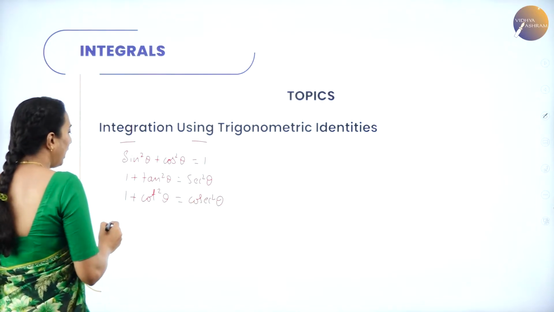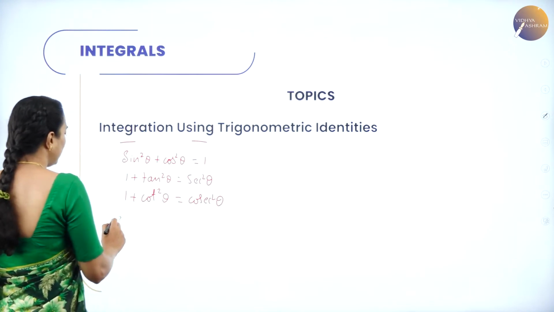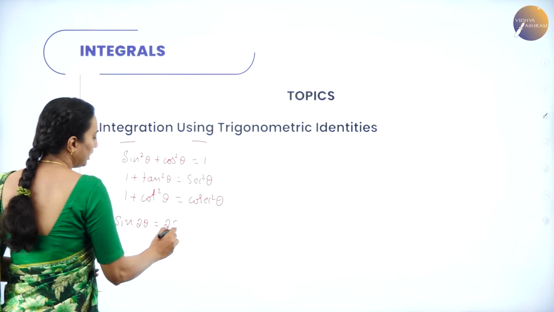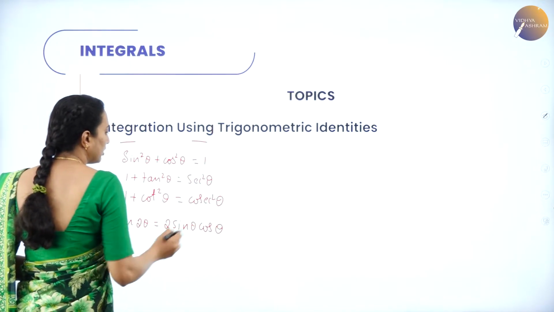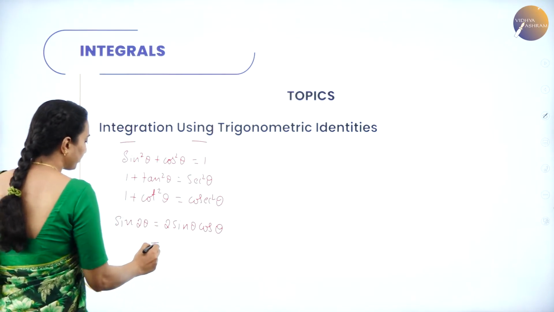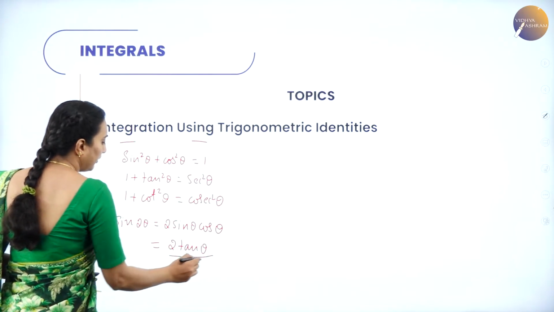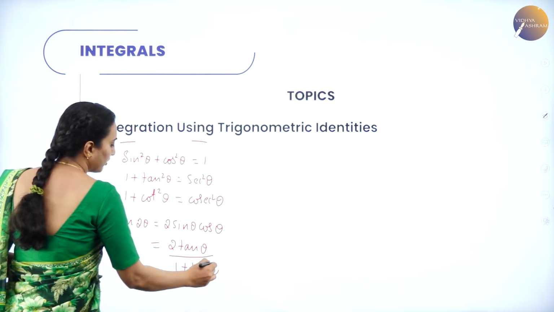And then you have the double angles, which is nothing but sine 2 theta can be written as 2 sine theta into cos theta. Also, it can be written in the form of 2 tan theta divided by 1 plus tan squared theta, right?